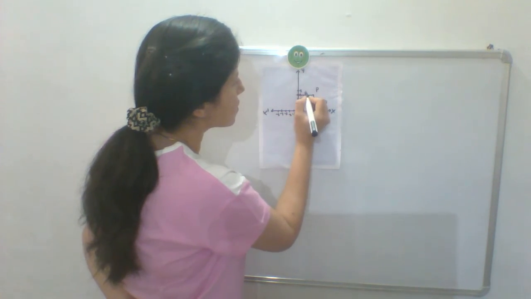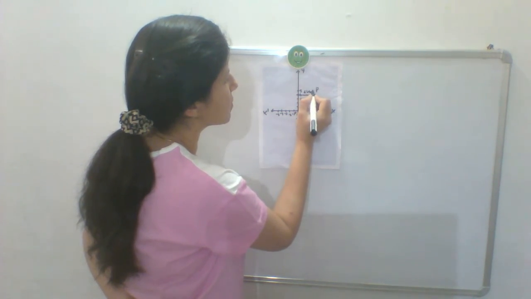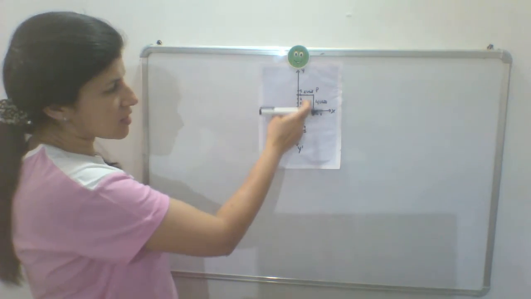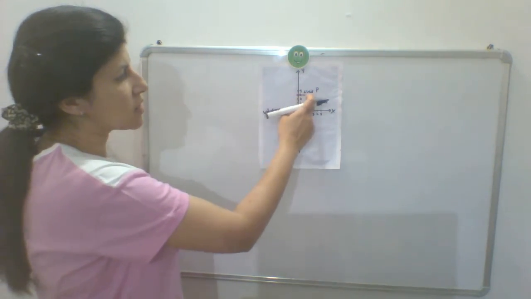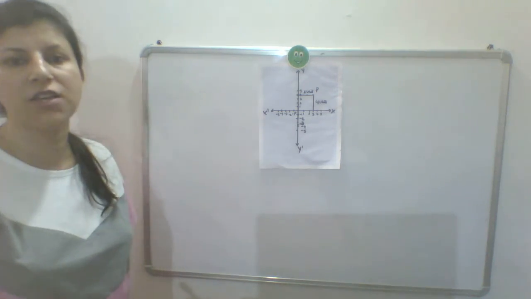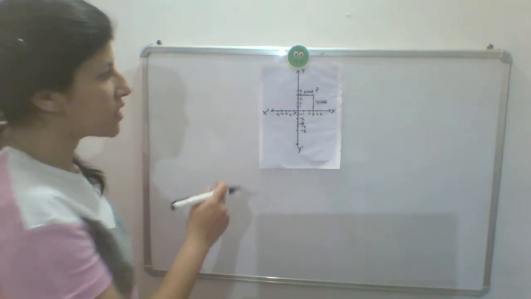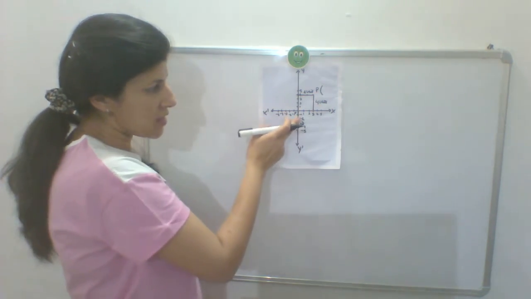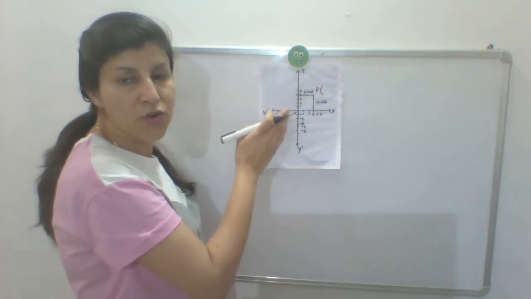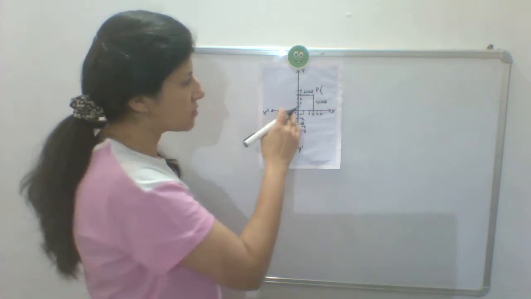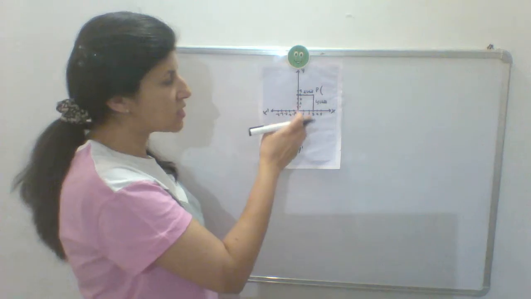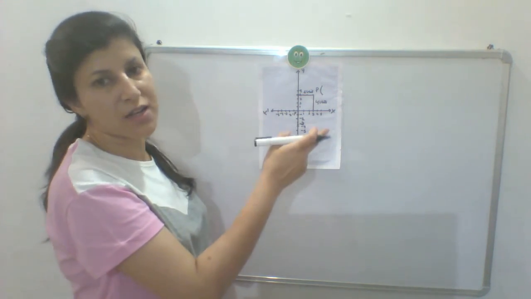What is it? This is 3 units. Its distance from x-axis is 4 units. Its distance from y-axis is 3 units. Now, how to write down its coordinates, beta? Distance from x-axis of any point is called its y coordinate, and distance from y-axis is called x coordinate.